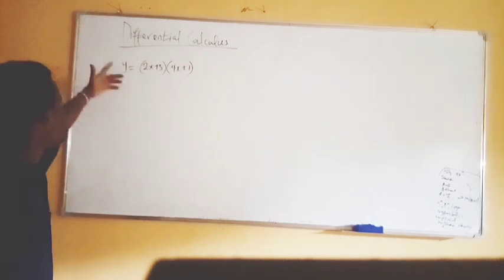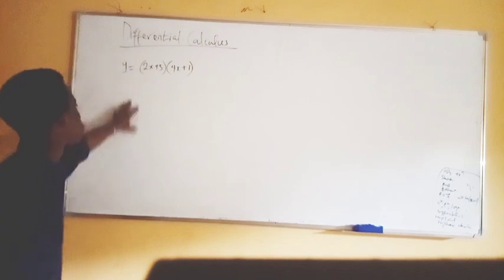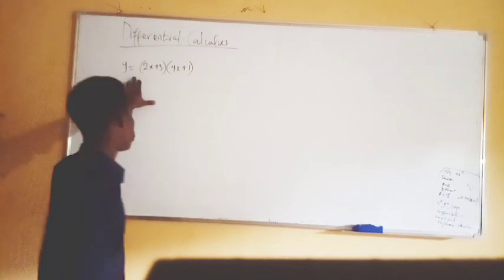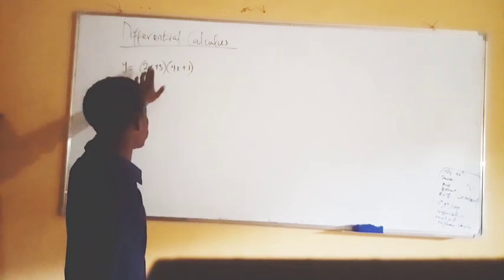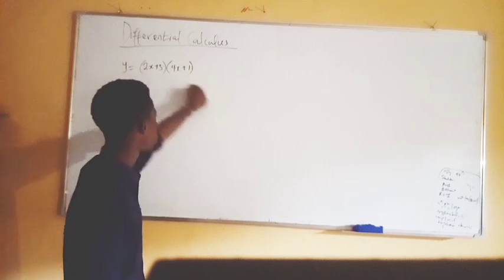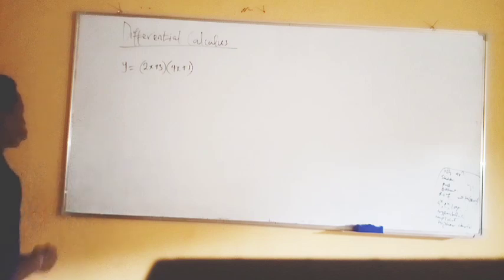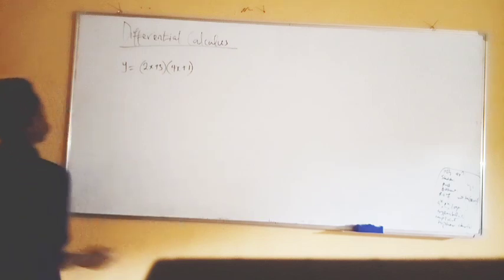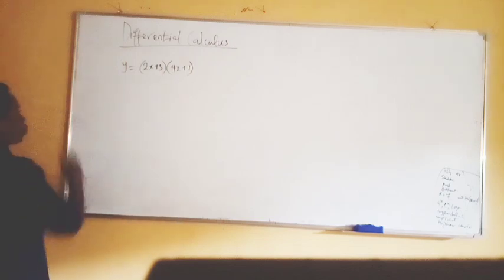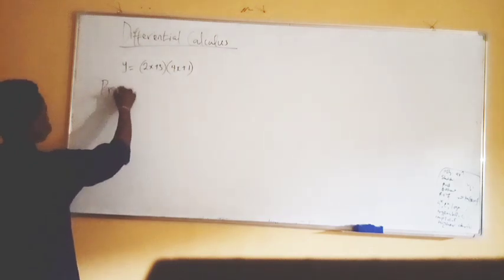But you see, the product rule is a very simple rule that enables us to differentiate this without having to open up the expression. So, take for instance, this is the product rule.